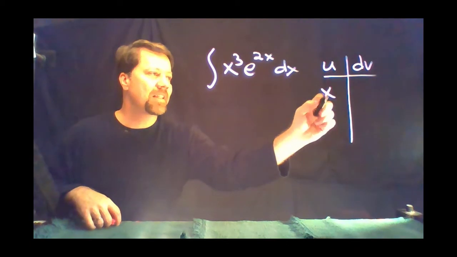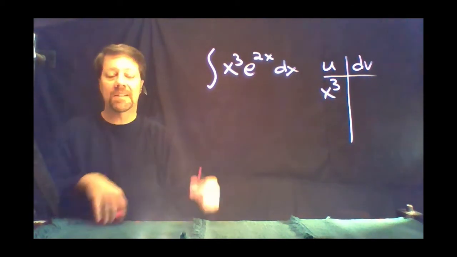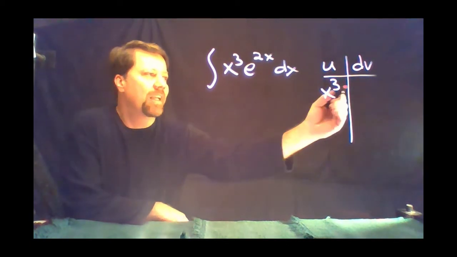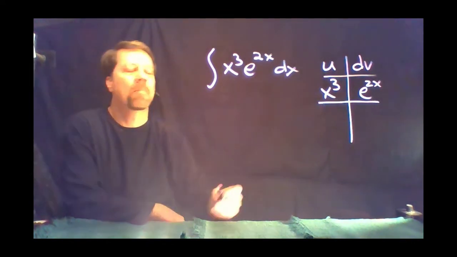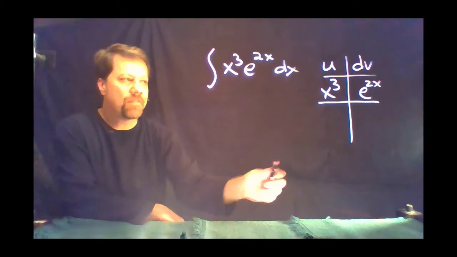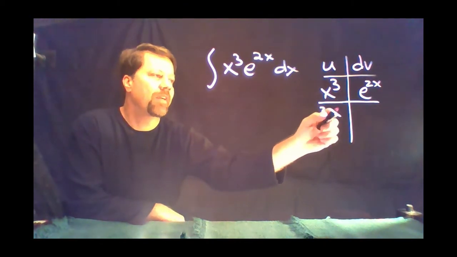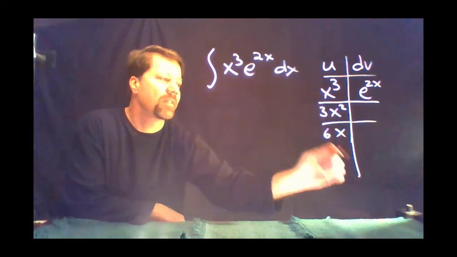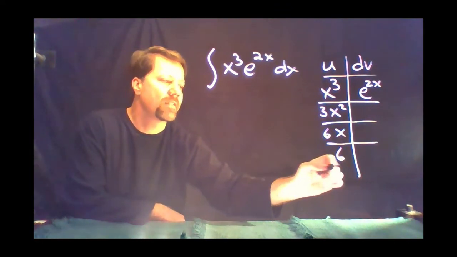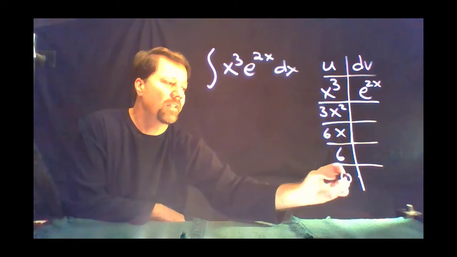U in this case is x cubed because that's the part you'd rather differentiate, and dv will be e to the 2x. We'll differentiate down the first column. We'll have 3x squared, 6x, 6, and then finally 0.